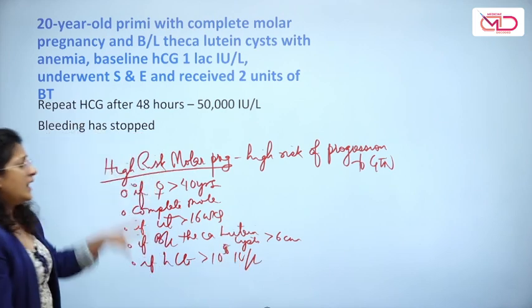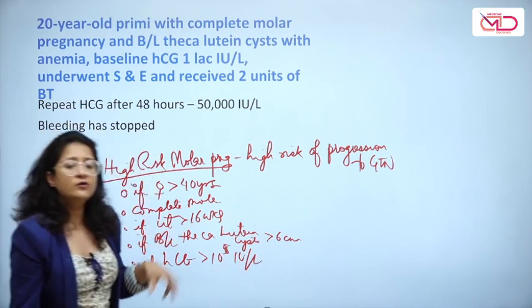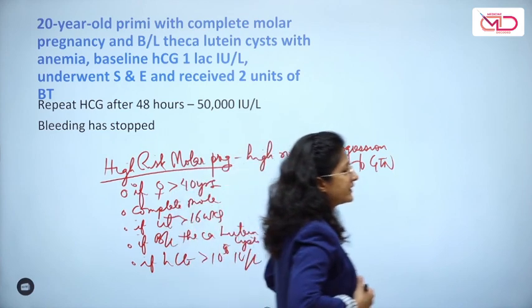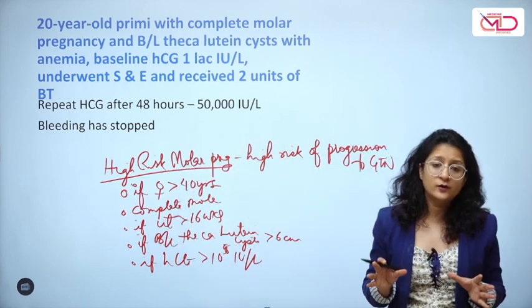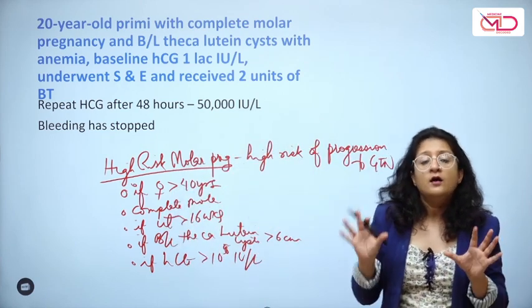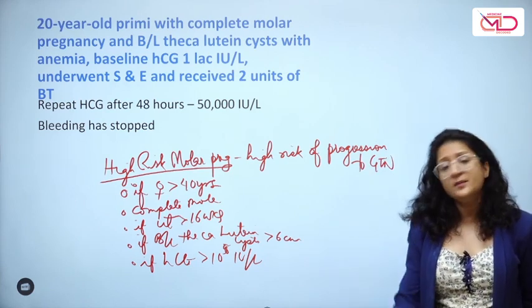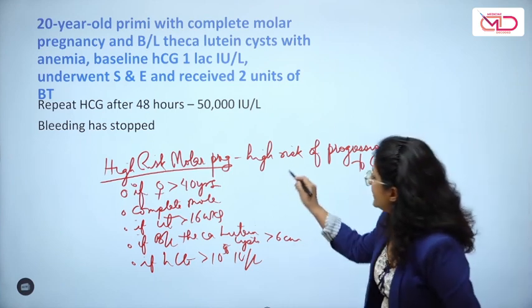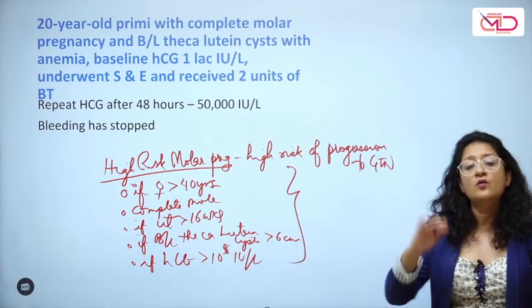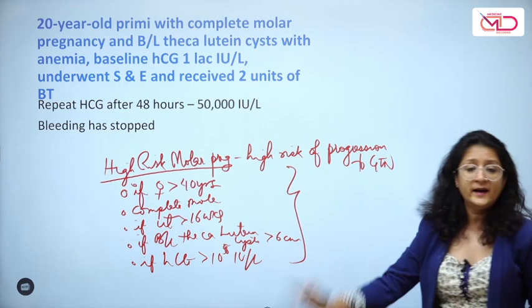This is a system of finding out which are the high risk molar pregnancies, that have a likelihood, a more risk of progressing to GTN, gestational trophoblastic neoplasia, but not always. And a combination of factors would give more risk as compared to isolated factors.